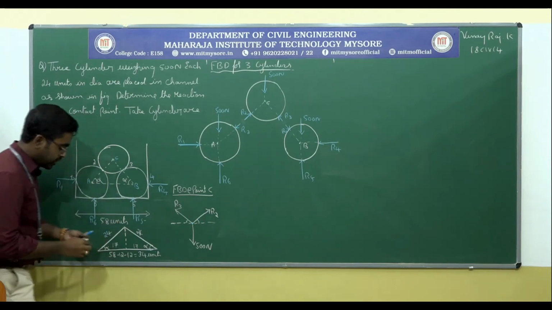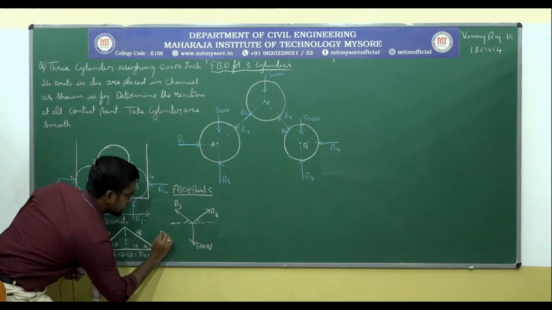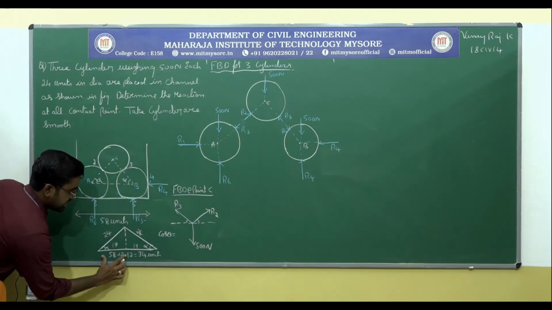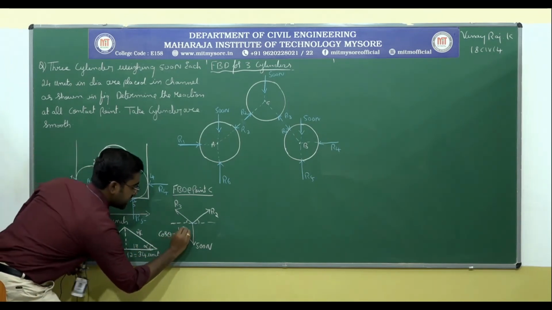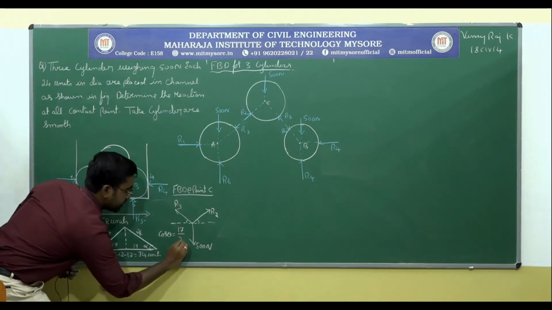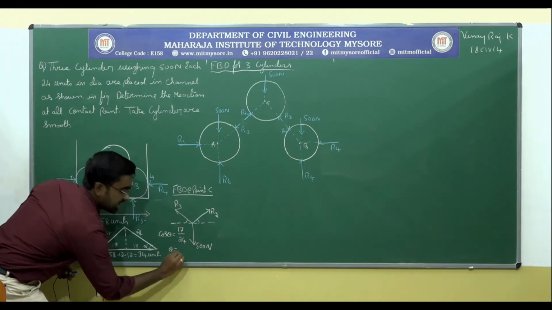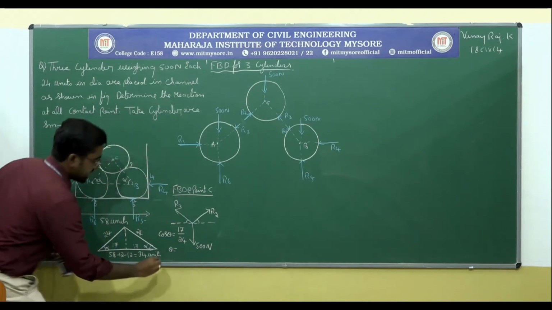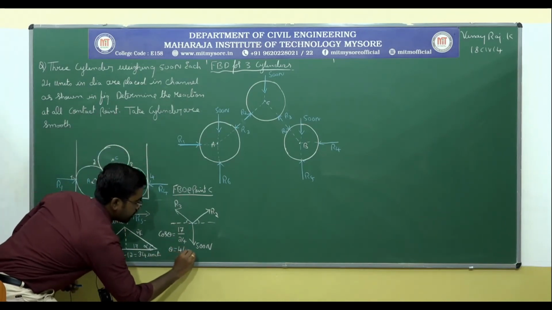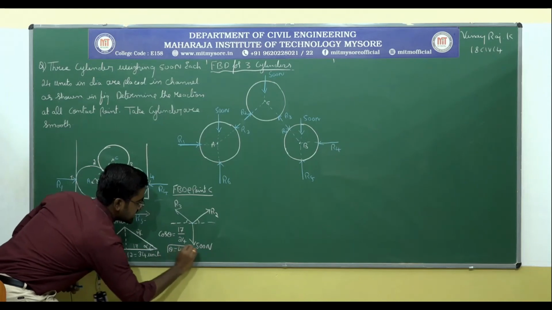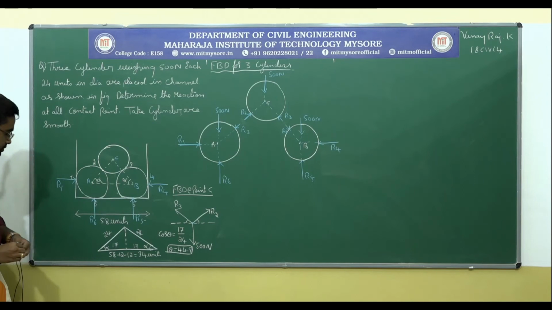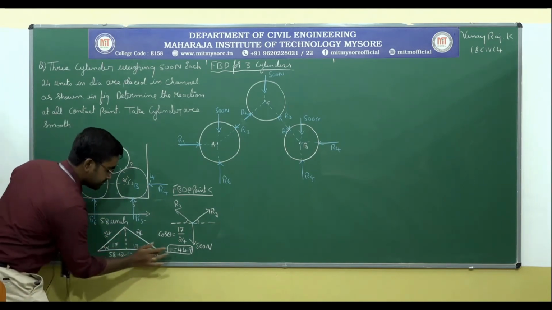That means I need to use cos. That is cos theta will be equal to adjacent over hypotenuse. Adjacent value is 17, hypotenuse value is 24 and theta value will be equal to 44.9 degrees. So this is how you need to calculate the angle. It is not theta, it is alpha.